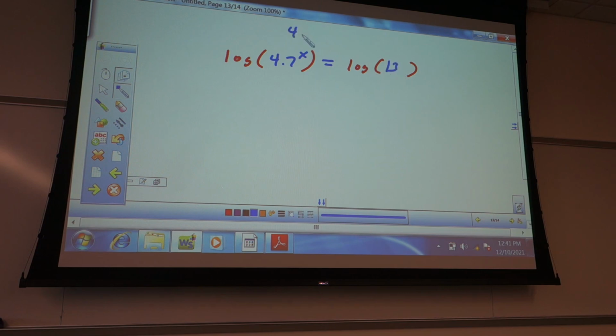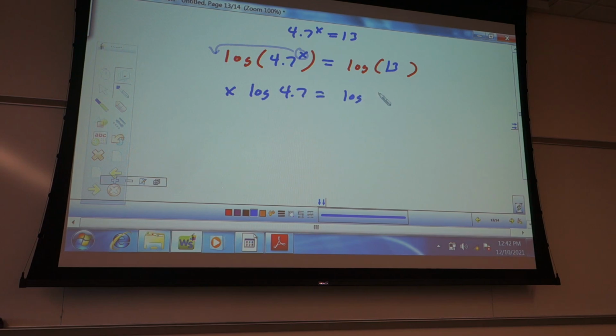The great thing about it is that it allows me to grab this guy and put him in front. So now I have x times log of 4.7 equals log of 13. And the beauty of that is log of 4.7 and log of 13 are just numbers. I can find them in my calculator.